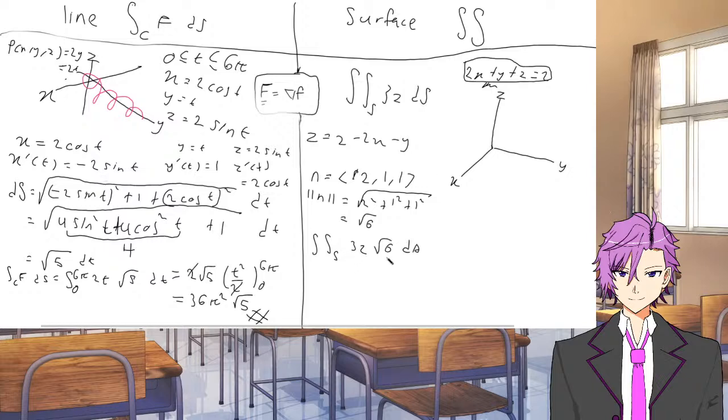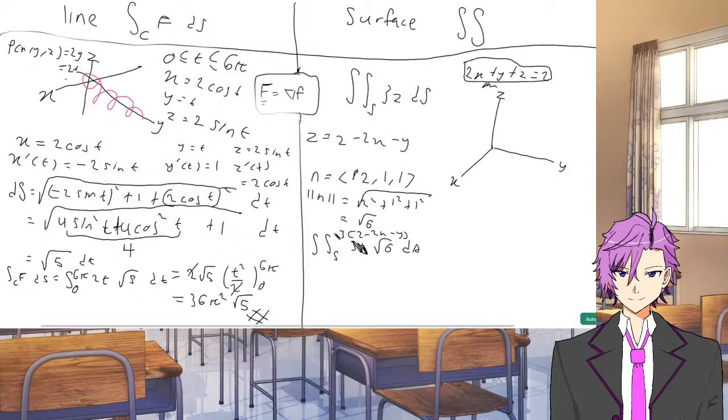So if we do this, z would change to 2 minus 2x minus y, so 3z square root 6. We'll take that out. We'll do 2 minus 2x minus y.